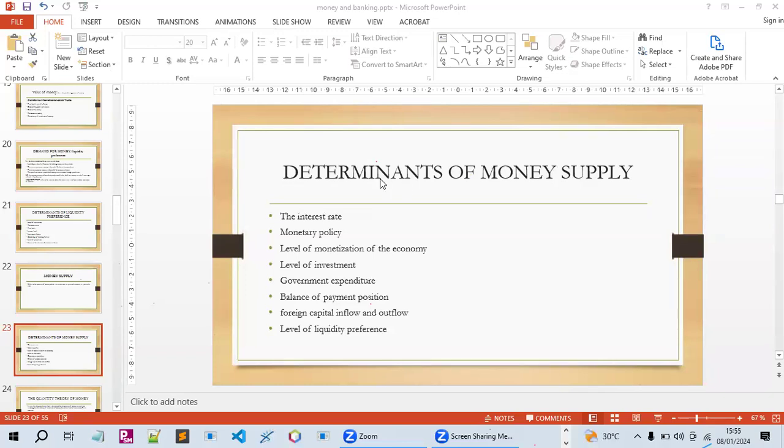And then I'm seeing a question about cost push inflation. Yes, Praise, what do you want to know about cost push inflation? Excuse me, madam.